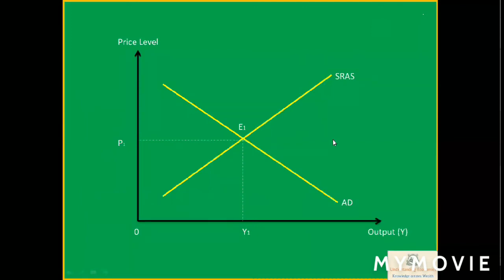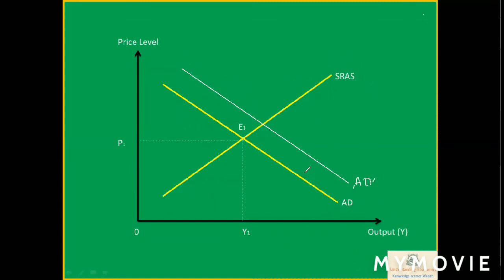So in this case, the aggregate demand curve will increase. First we will take the situation where the changes in the aggregate demand curve and aggregate supply curve are the same. Suppose the aggregate demand curve has shifted to the right, and the new aggregate demand curve is AD dash.